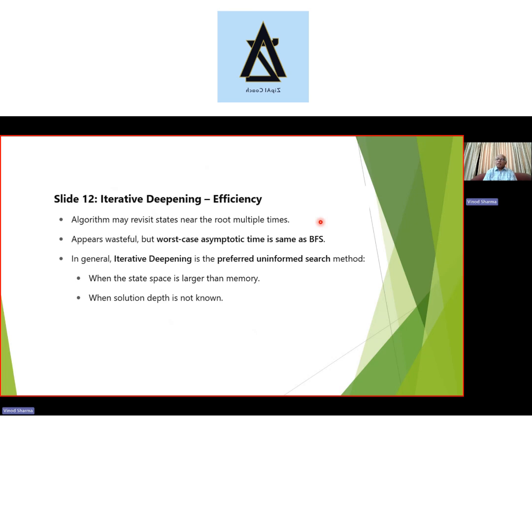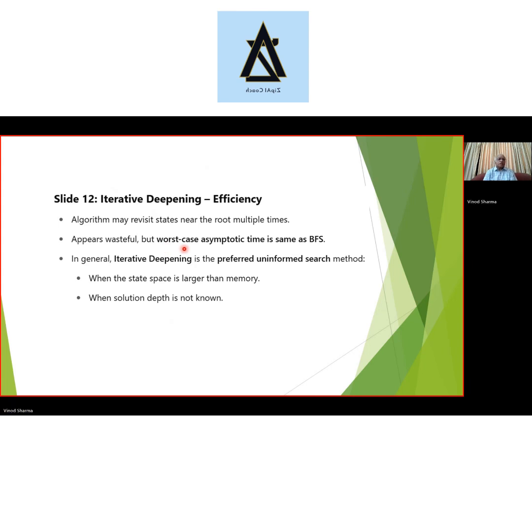When you are at L equal to 2, you first visit all nodes at depth 1, and then all nodes at depth 2. So once you reach L equal to 2, you have visited the nodes at depth 1 twice. This way, as L increases, the nodes at depth 1 will be visited L times, again and again. So this is a waste of time.